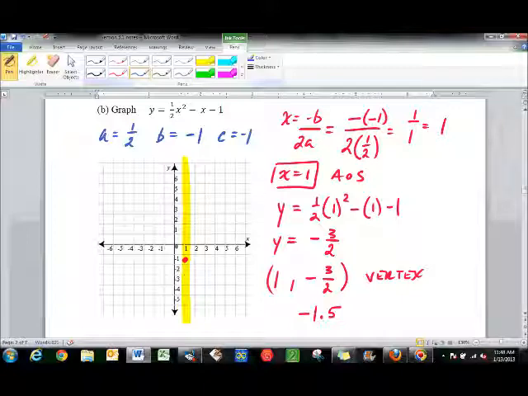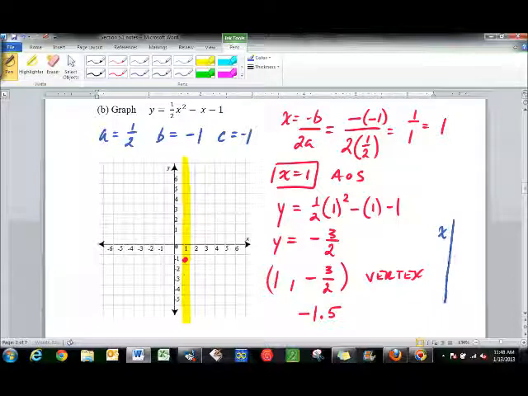I might need a little extra point to see that width, and in this case I'm going to use 0, -1, and -2 on the left side of the axis of symmetry, and when you go through the order of operations, that should give you the following points.